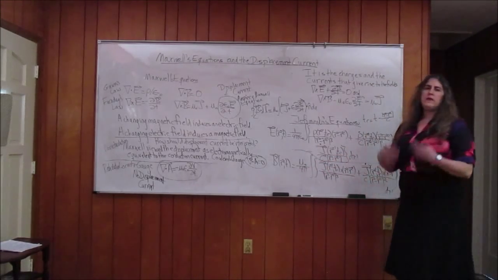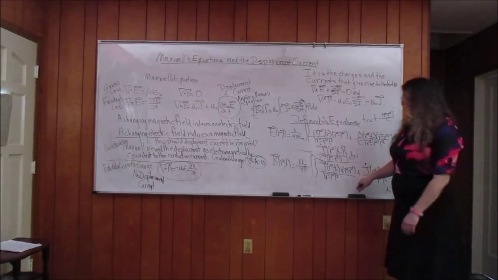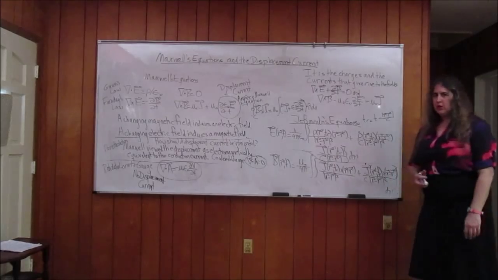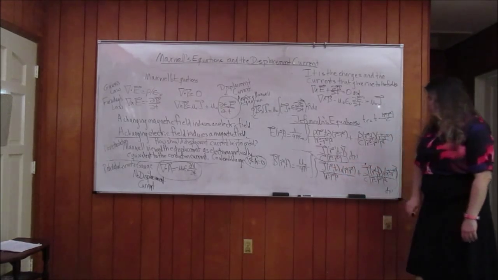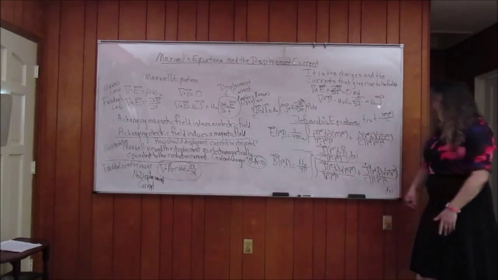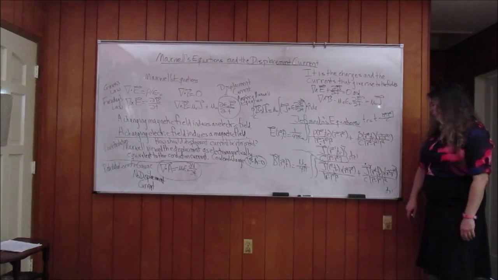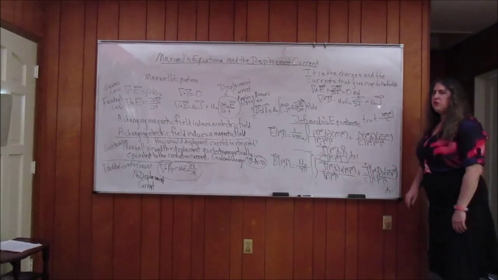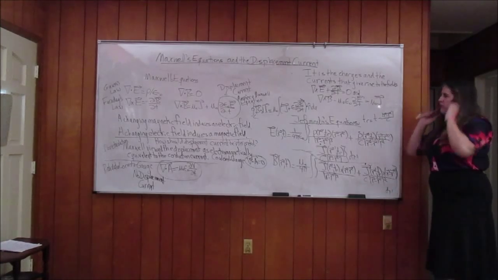The first term, in the event that you don't have time varying fields, just collapses to the plain old Biot-Savart law that we were using back in magnetostatics: volume current density crossed into the separation vector over the magnitude of the separation vector cubed, plus the time derivative of the volume current density crossed into the separation vector over c times the magnitude of the separation vector squared.